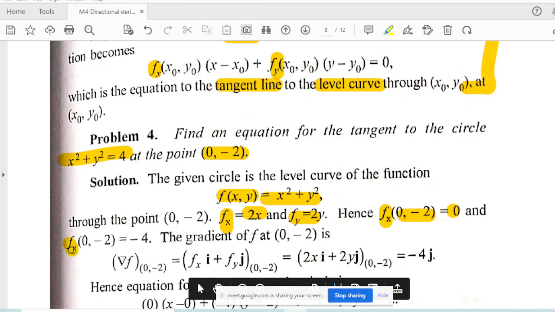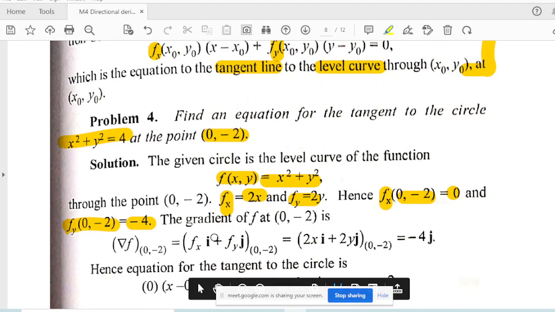And fy at 0, -2: instead of y, if you put in -2, you get -4. Then the gradient of f at 0 comma -2 is equal to f suffix x i cap plus f suffix y j cap at the point 0, -2.